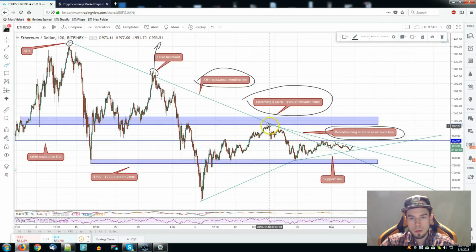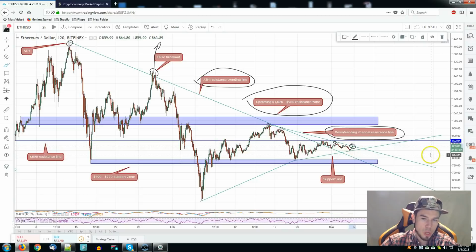It hits a top, confirms nicely, and also hits over here with the main all-time high resistance trend line, comes down the way, hits exactly there, and right now we are testing it, right?